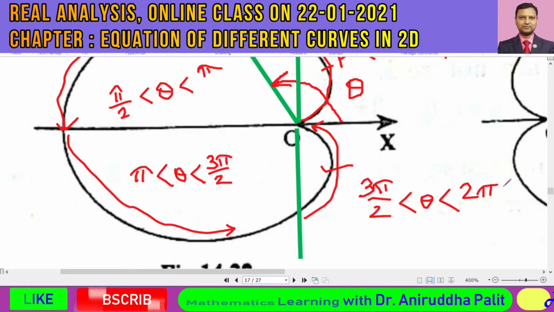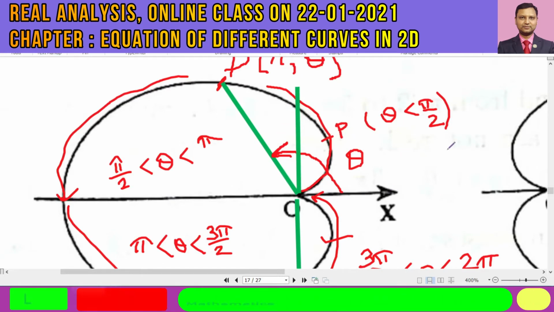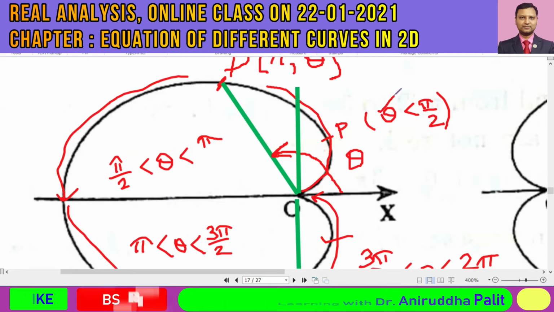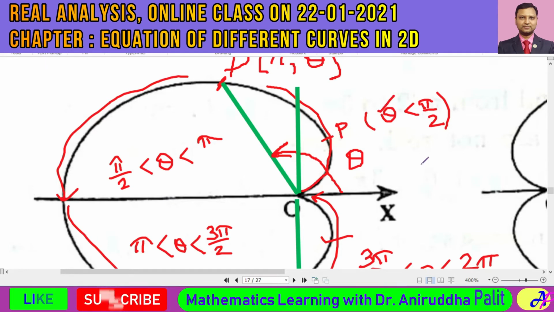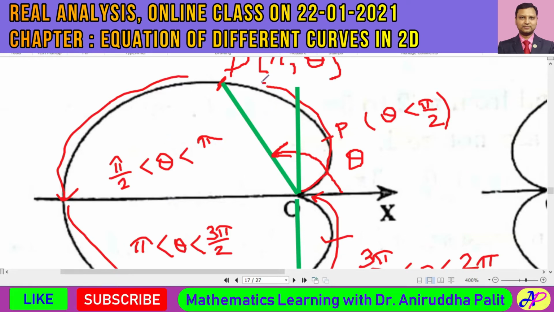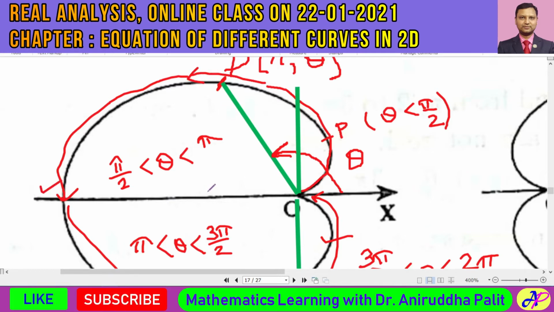So please remember these results. In these four zones, the range of theta is as follows. Here theta is positive but less than pi by 2. In this zone, theta varies from pi by 2 to pi when P moves along this direction, up to this point, theta is less than or equal to pi.